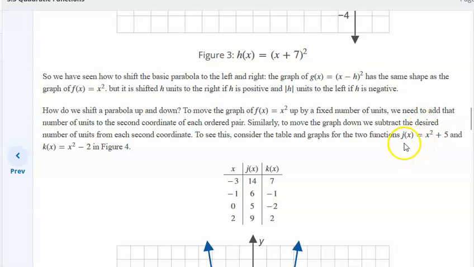So how about this function? j of x is equal to x squared plus 5. Now, we knew what the x squared by itself did. What happens if it's a plus 5? Well, notice this is sort of in the position of the y-intercept, the b value.